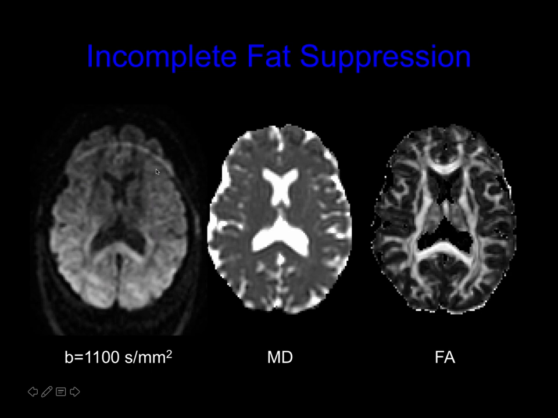Because the fat has a very low diffusion coefficient, when you have diffusion weighting, the signal is still quite bright. The signal for the brain is then incorrect because it's contaminated by the fat. So when you look at the mean diffusion coefficient, you calculate something that's much lower than the tissue, and it also affects the fractional anisotropy, where it is also lower than it should be. So it's important to look for these kinds of artifacts, and if you see it in the data that you're collecting, then you've got to stop the scanner and try again and see if you can get a better fat suppression.